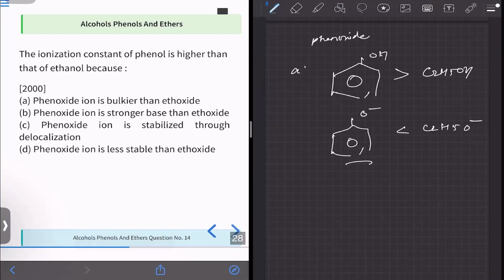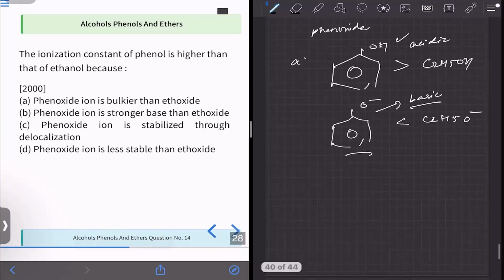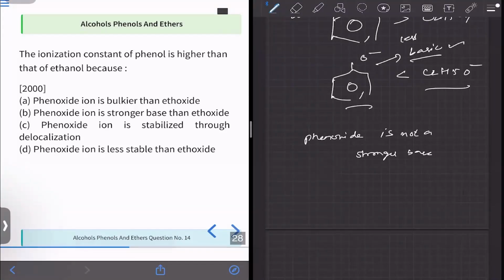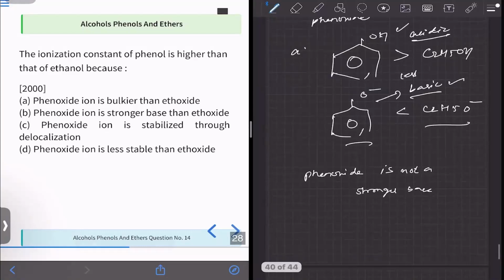If phenol has high acidic nature, the phenoxide ion will be less basic. So ethoxide is a stronger base as compared to phenoxide. Phenoxide is not a stronger base.